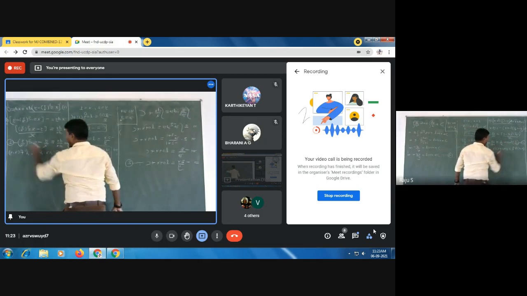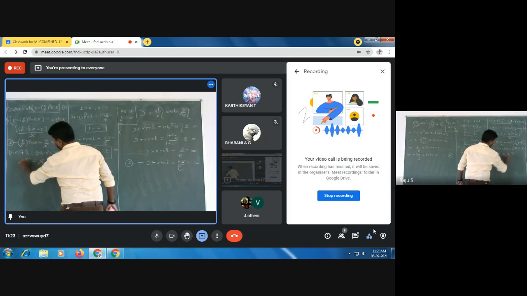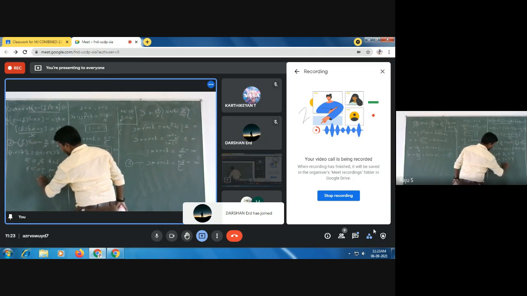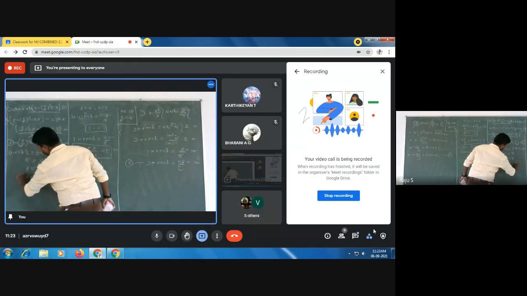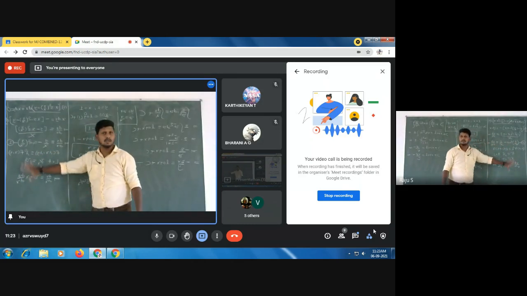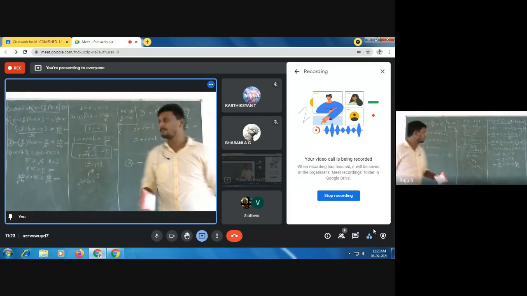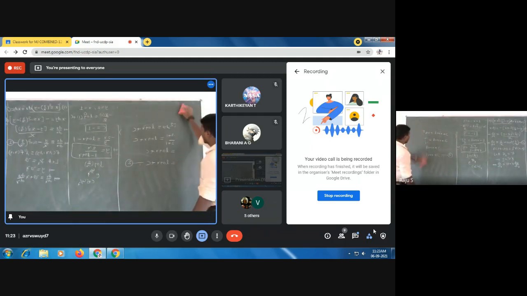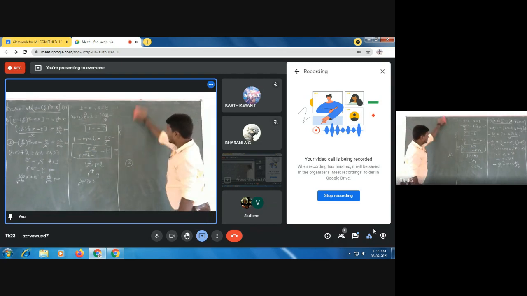Clearly, let y by x is equal to v, which implies y is equal to vx, which implies dy by dx is equal to v plus x dv by dx. So these are the common steps in every question. Substitute and simplify, and we'll get the answer. That is very easy.